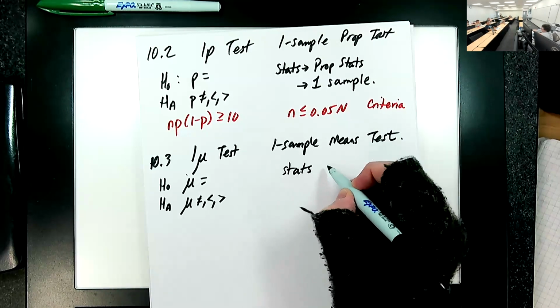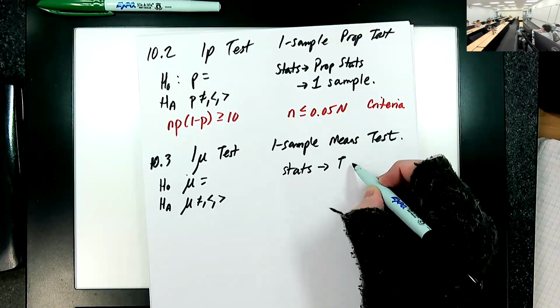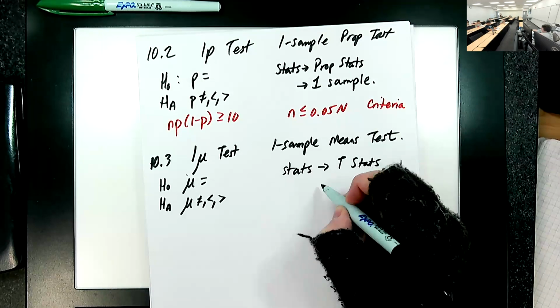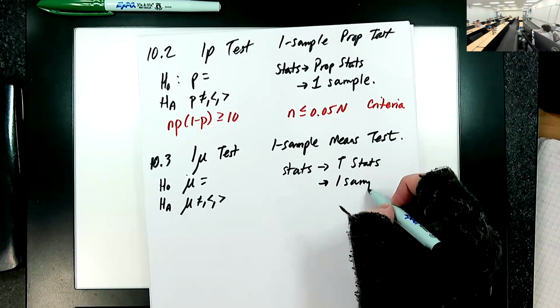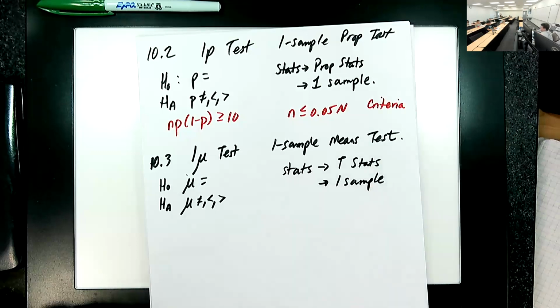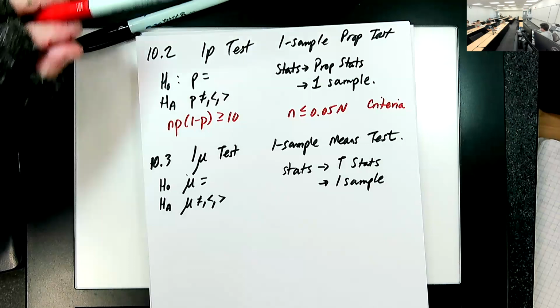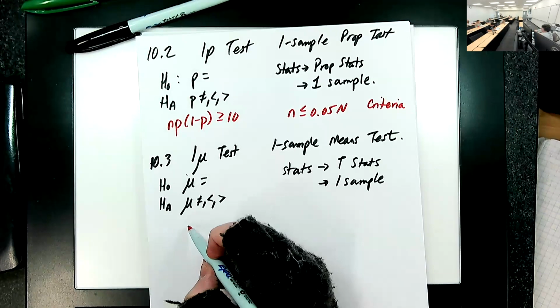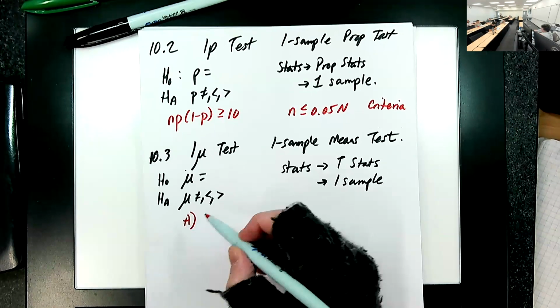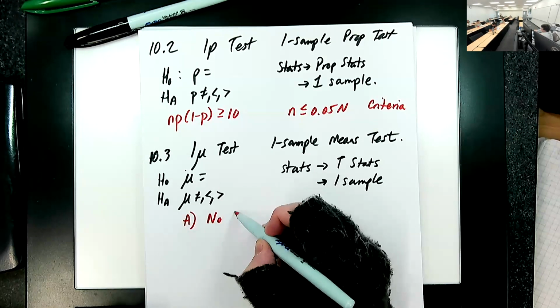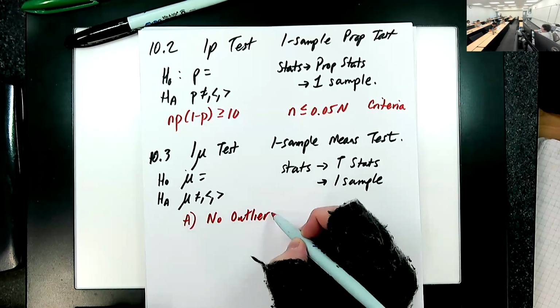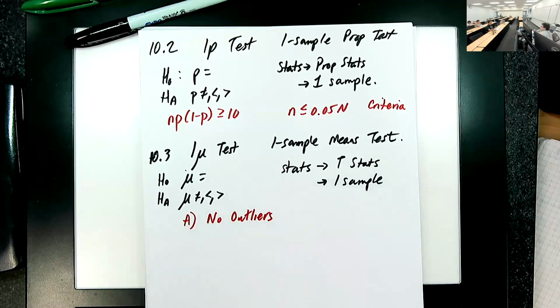This one, we're going to be doing stats, T-stats, and one sample. What are our criteria here? We don't want any outliers. Outliers mess up means. Remember, it's not resistant. We talked about this a couple weeks ago. Bill Gates messes up average income.